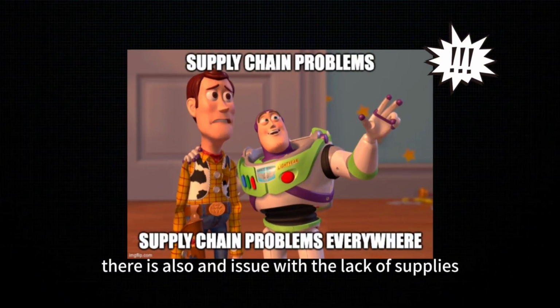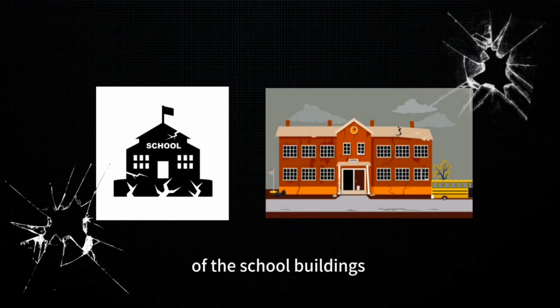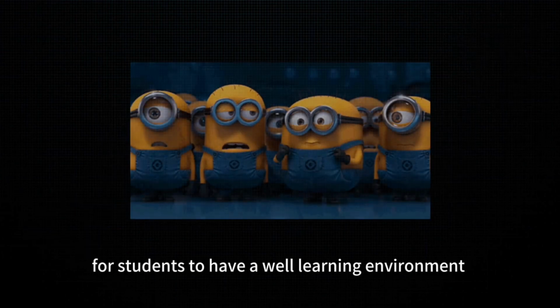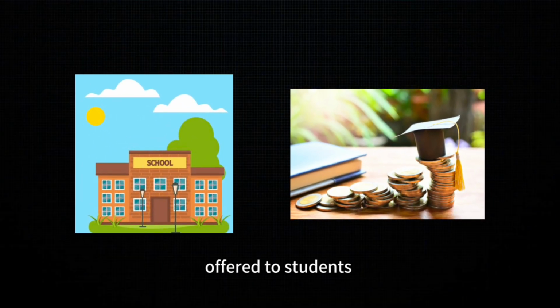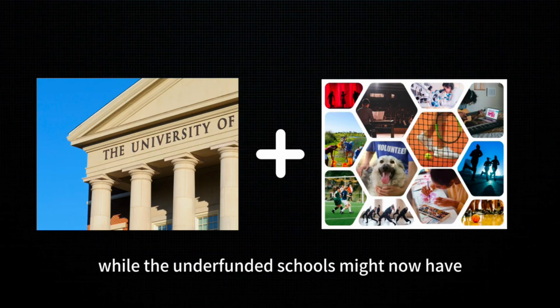There is also the issue of lack of supplies, such as technology and textbooks. Along with poor conditions of the school buildings, these factors make it difficult for students to have a good learning environment. With well-funded schools, there will be more resources offered to students to prepare for college and access to extracurricular activities, while the underfunded schools might not have them.